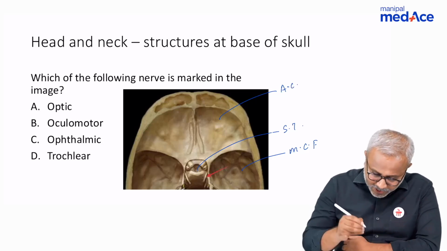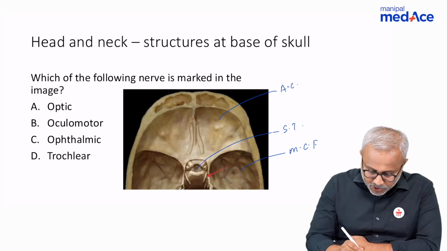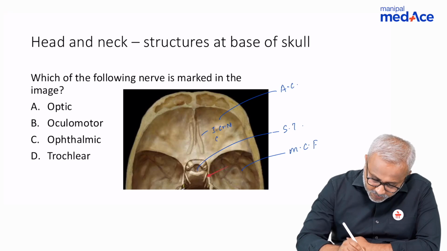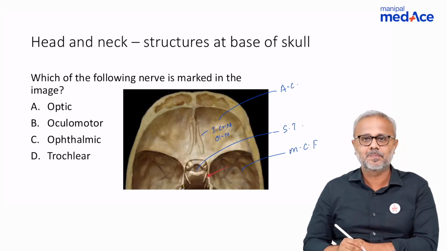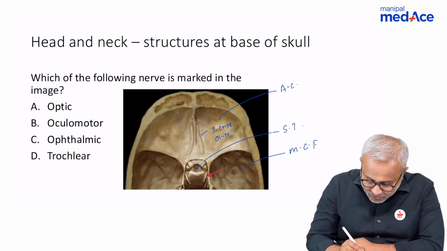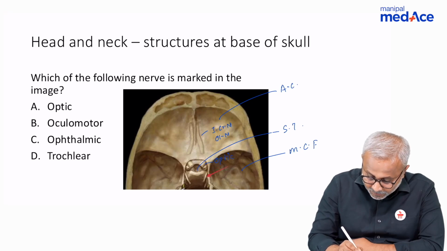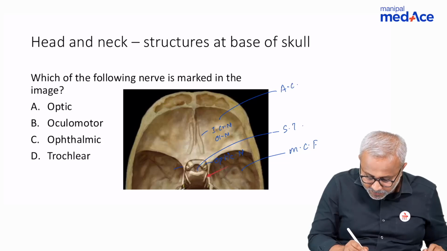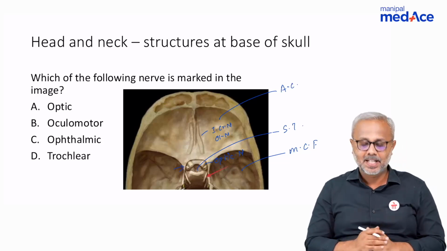Now, what we can see here are a few nerves emerging. Okay, so what we have here, this is the first cranial nerve or the olfactory nerve. Okay, then the second cranial nerve, this is the optic nerve. Okay, so here is the optic nerve, and then you also have the ophthalmic artery, right?